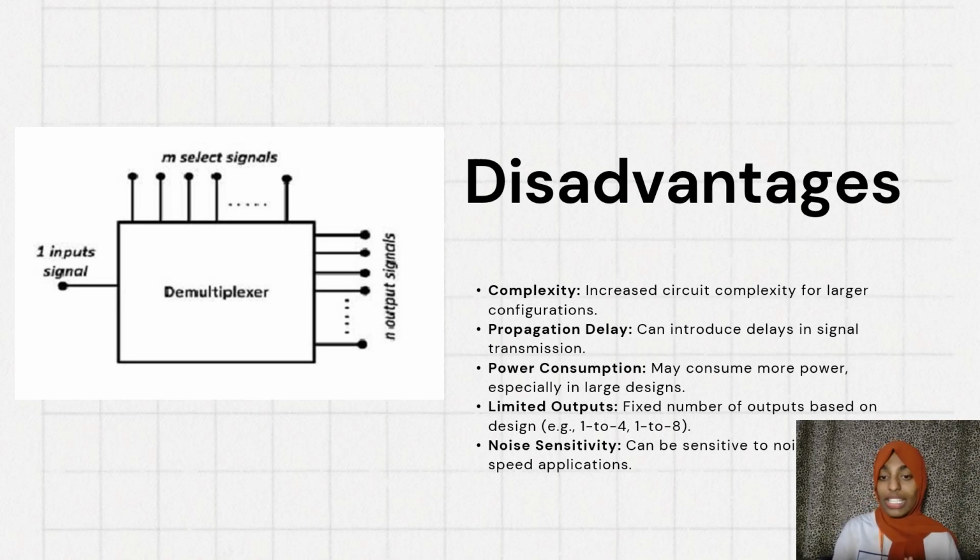Let's suppose 1 to 2 provides only 2 outputs, and 1 to 4 provides only 4 outputs. So this is the limited output disadvantage. And the last one is noise sensitivity. It can be sensitive to noise in high speed applications. So these are the different types of disadvantages.